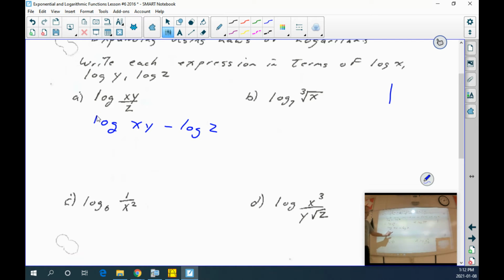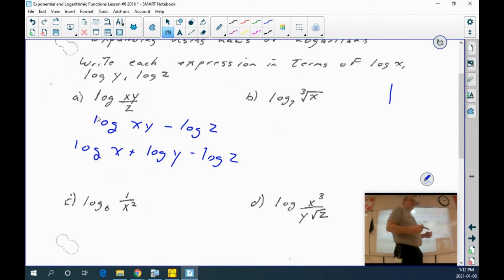And then looking at this term here, we have the logarithm of a product. I can replace that logarithm with the sum of two logarithms. So we are exploding this up. We're going backwards from what we talked about yesterday, although we are doing it with the same rules.